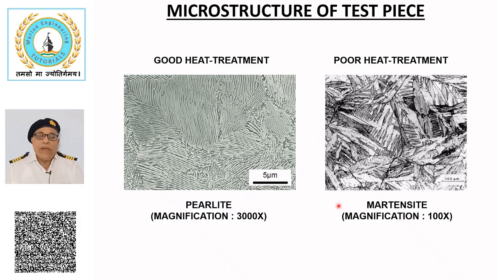When the cooling rate is faster, martensite is formed, which is very hard and has a needle-like structure. This structure is easily visible with 100 times magnification. When martensite is observed, the material is heat treated again to get the desirable pearlite microstructure.